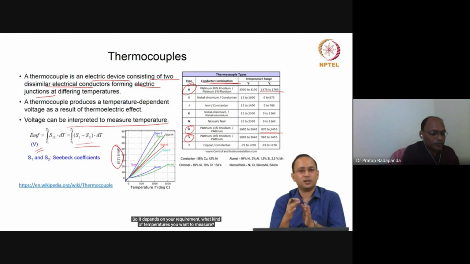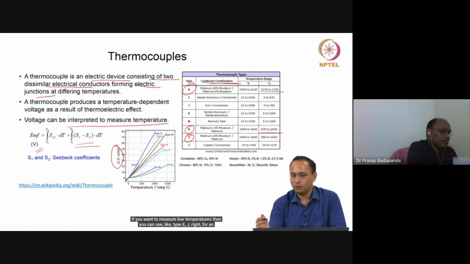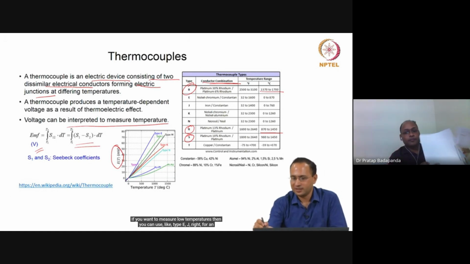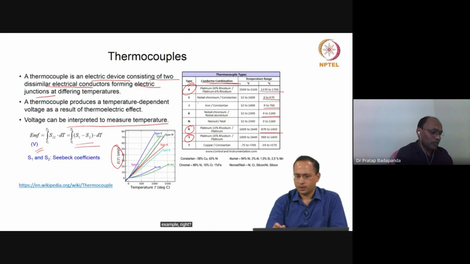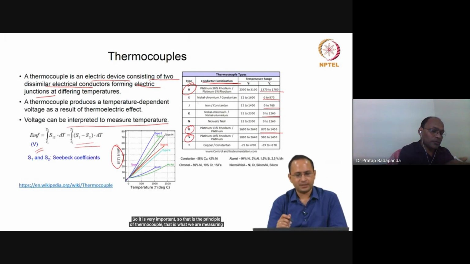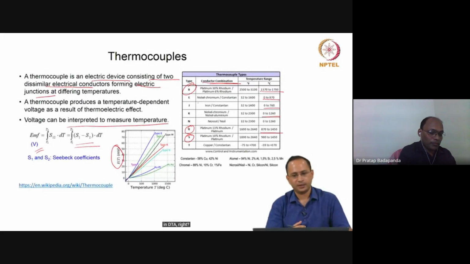So it depends on your requirement, what kind of temperatures you want to measure. If you want to measure low temperatures, then you can use type E, J, for an example. So it is very important. So that is the principle of thermocouple, that is what we are measuring in DTA.